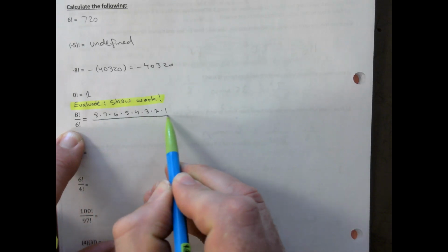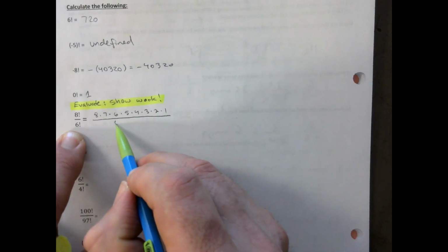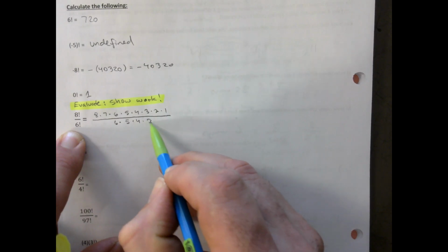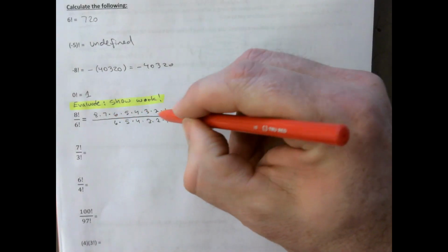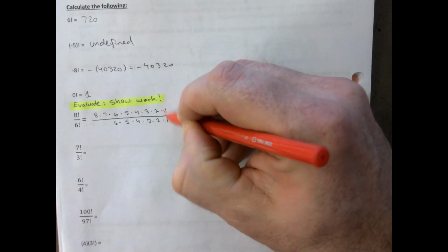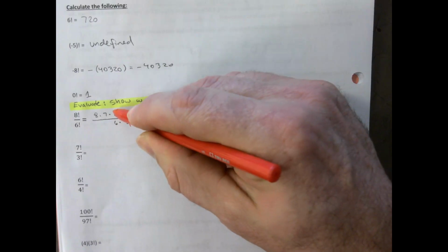In the denominator, you have got 6 factorial. That means that you're going to start with 6, 5, 4, 3, 2, 1, like that. And I don't know if you remember, right? If things are multiplying, you can cancel them out, right? So this cancels out, cancel, cancel, cancel, cancel, cancel.